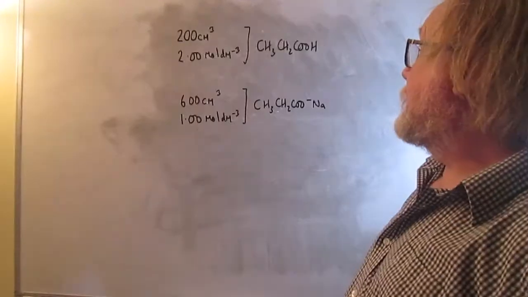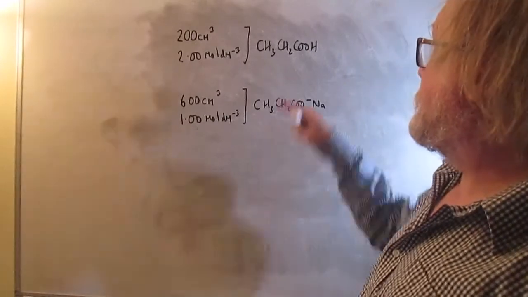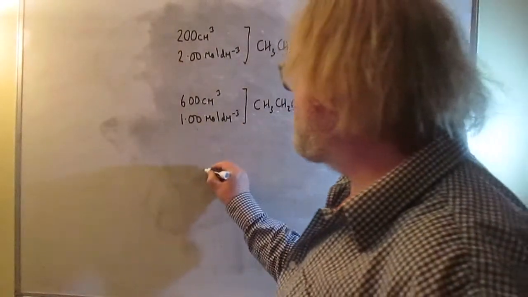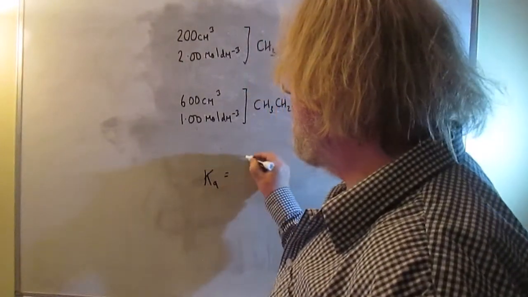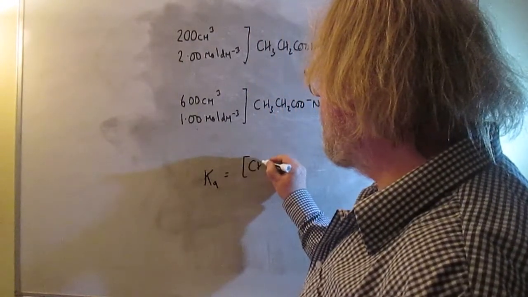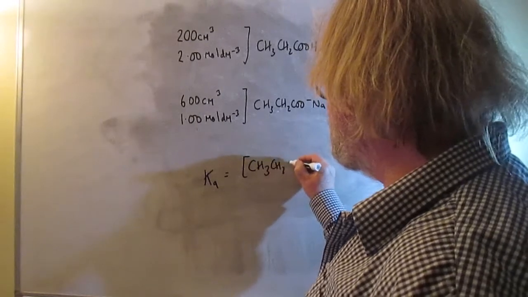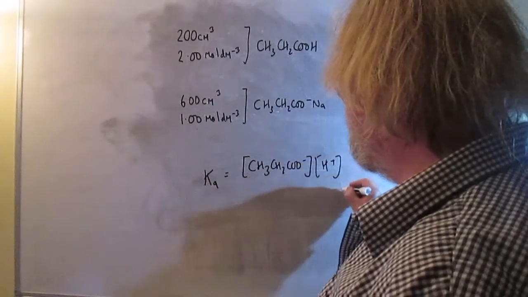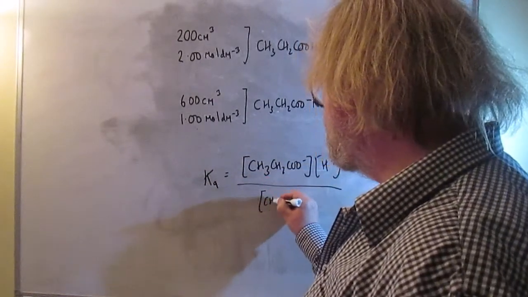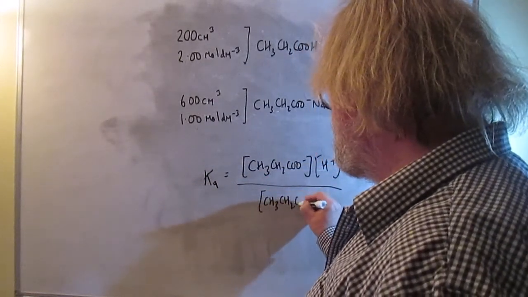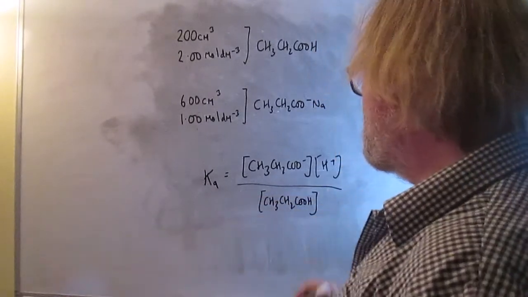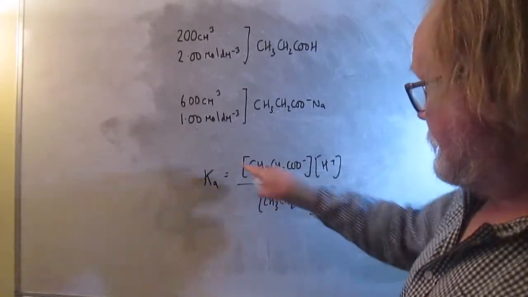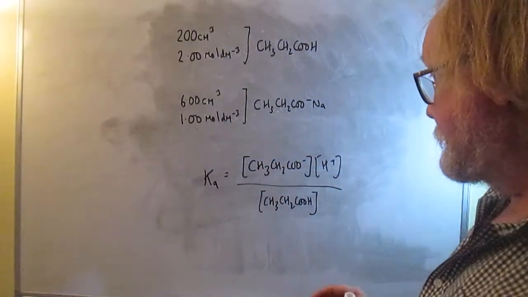Okay, question 10 wants us to find the pH of a buffer made by mixing those two. So remember, the key to any buffers question is Ka, which would be the concentration of the conjugate base times H+ divided by the acid, and all we need to do to rearrange that expression is just to slide these two terms around to get H+ on its own.